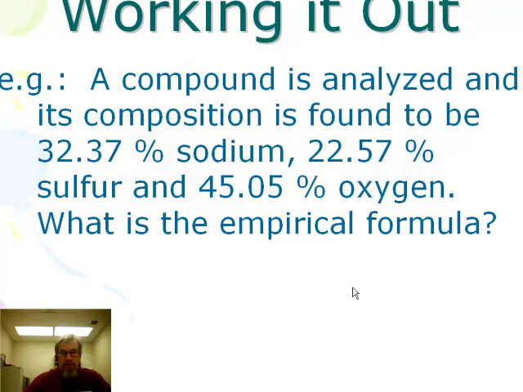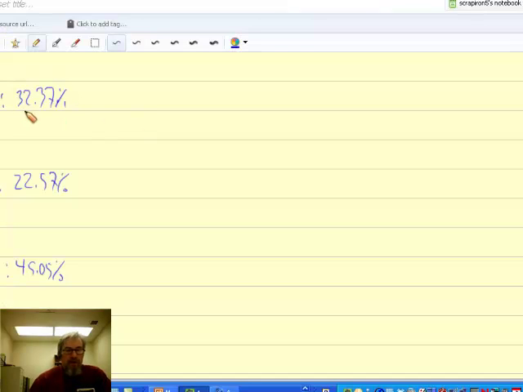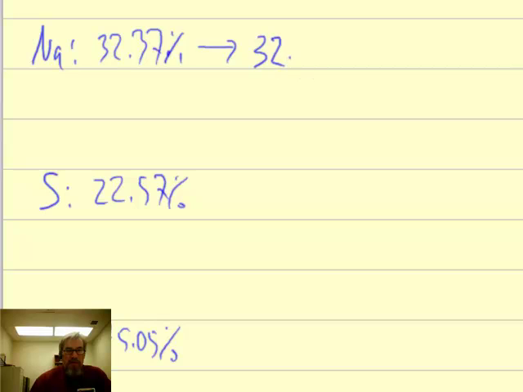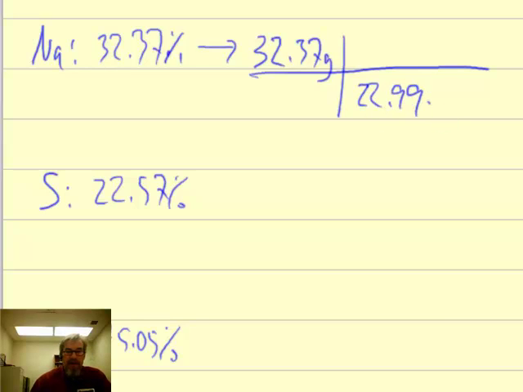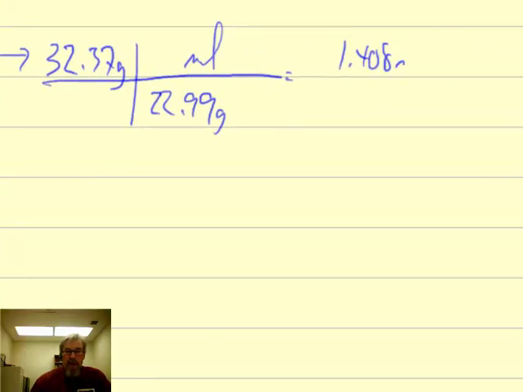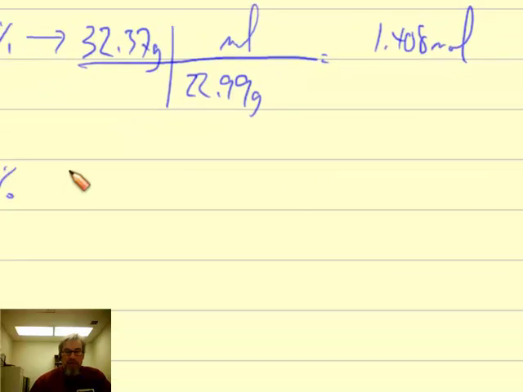Try this one. Here's our starting point. Sodium's 32.37%. So in a 100-gram sample, that'd mean 32.37 grams. We could find its mole quantity by dividing by its molar mass, which is 22.99 grams per mole. This gives us 1.408 moles of sodium.